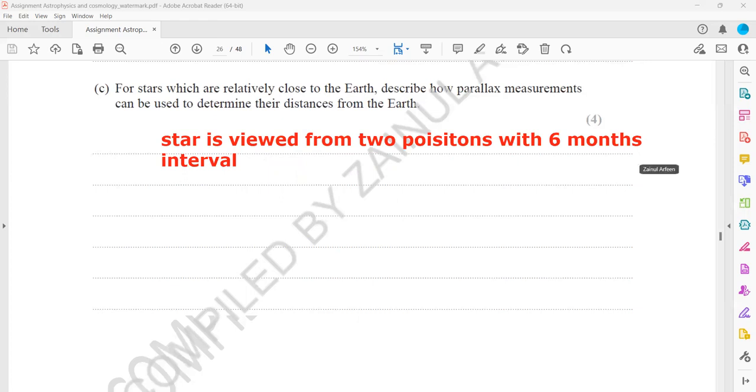Then the change in angular position of the star against the background of distant stars is measured.